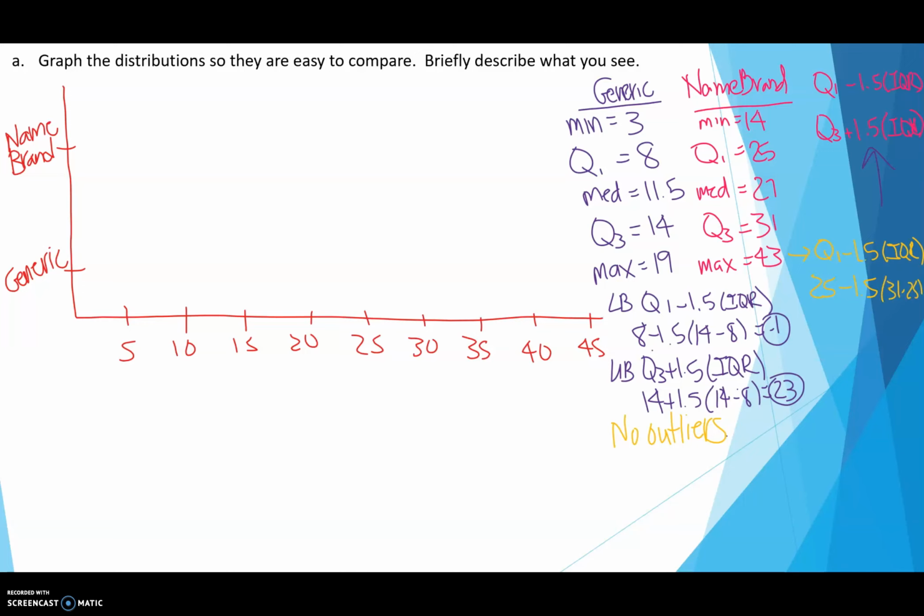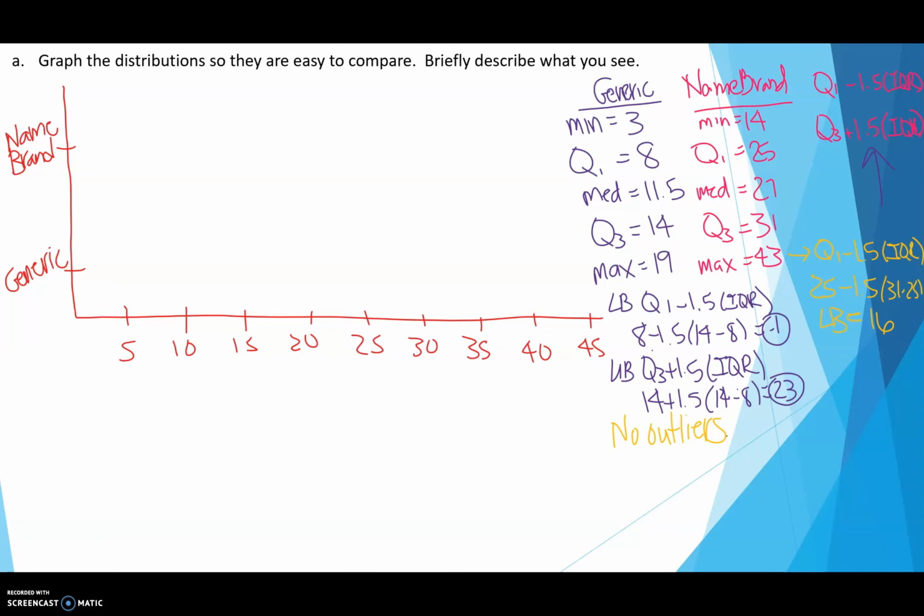All right, so 25 minus 1.5 times the IQR. What does that give us? 16. So that is your lower bound there.